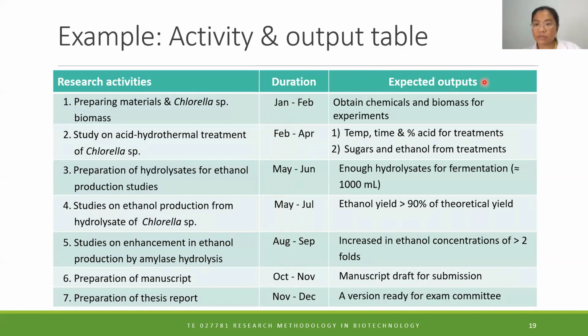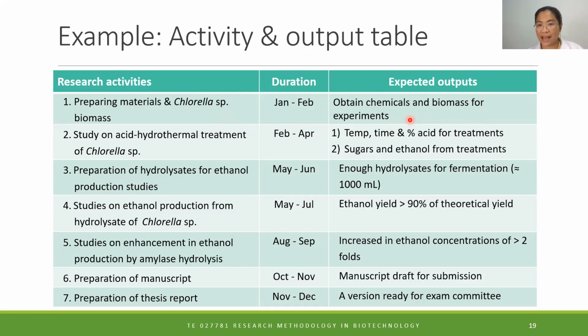What is extra in this one is expected outputs. Okay, this sort of table is a good way for you to keep track of what you will get at the end of each of your activities. Like for activity 1, the expected output is that you have to obtain chemicals and biomass for the experiment.